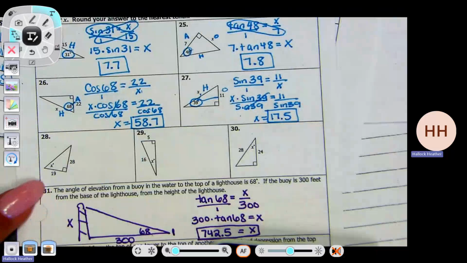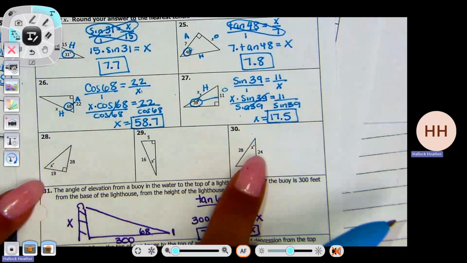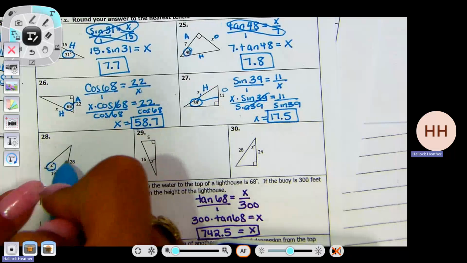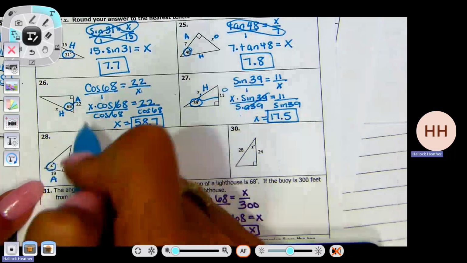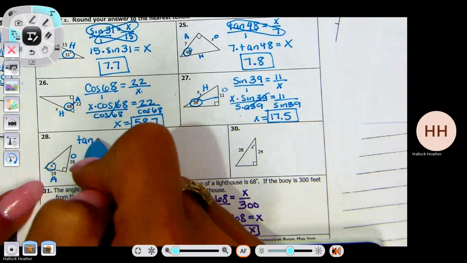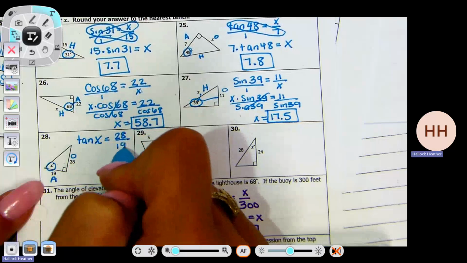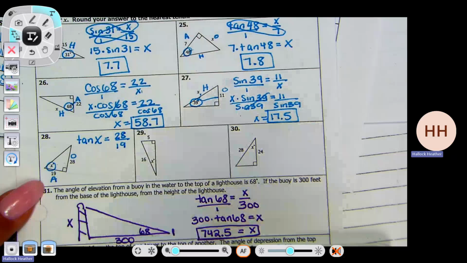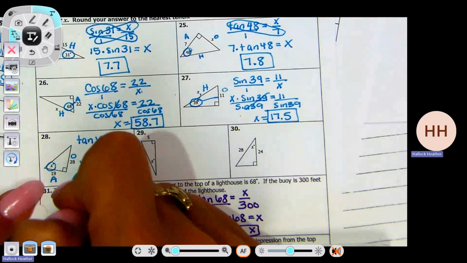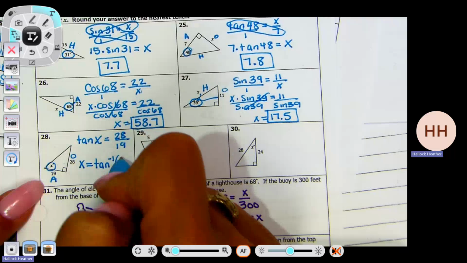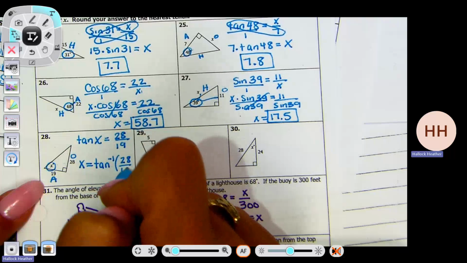These ones, you're trying to find the angle. So same thing, I'm the angle, I'm X this time. I have opposite and I have adjacent. So this is tan of X equals 28 over 19. So to do this, I have to use the inverse button. So I'm taking X, I'm doing tan of -1, and then in parentheses 28 divided by 19.